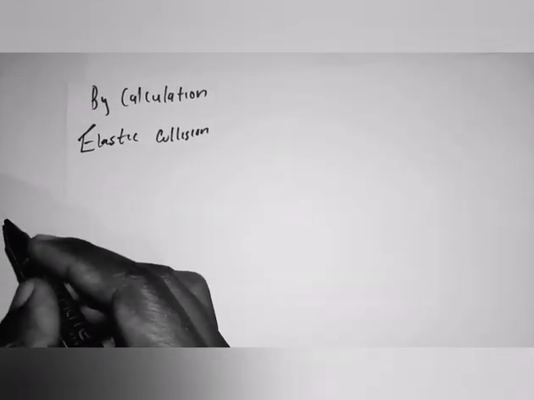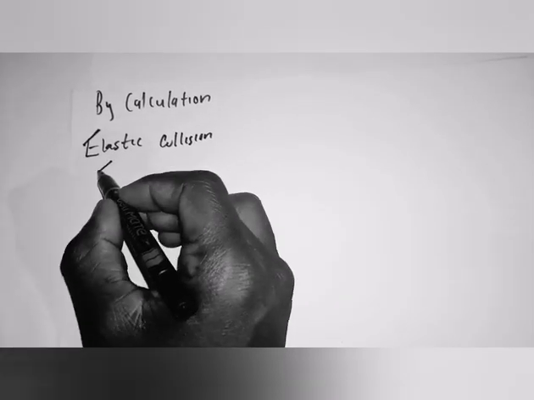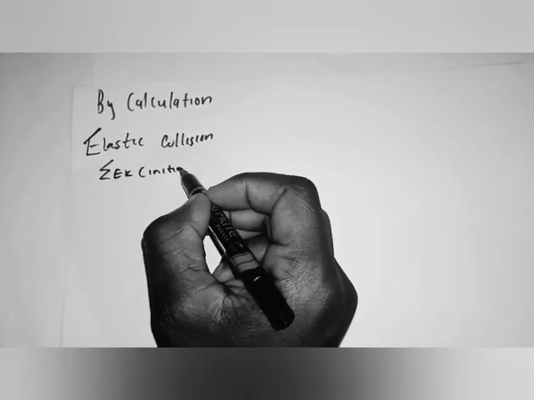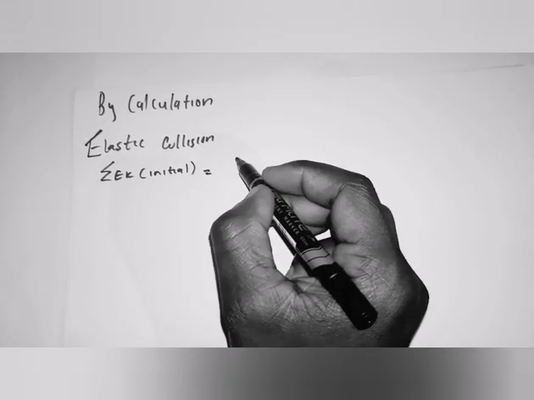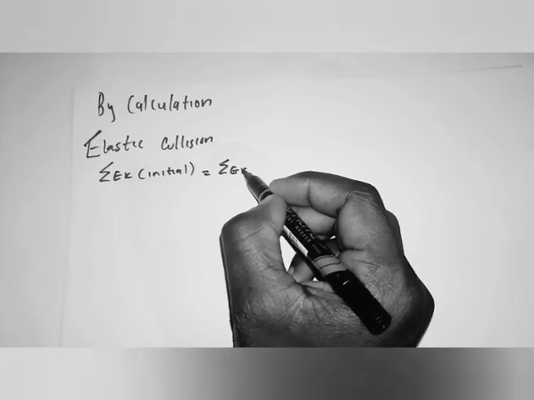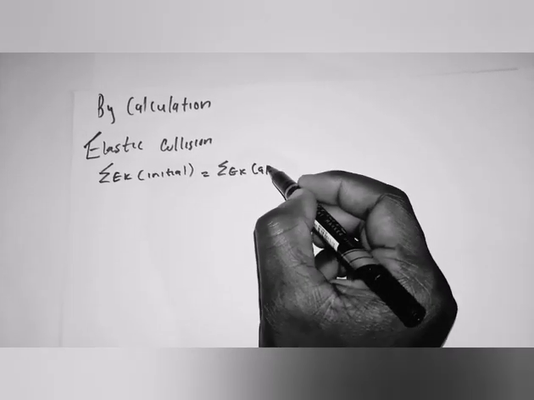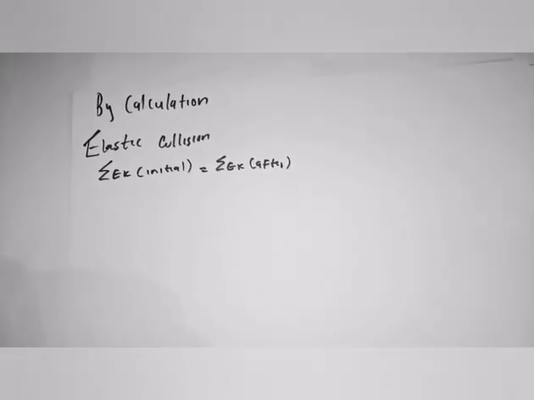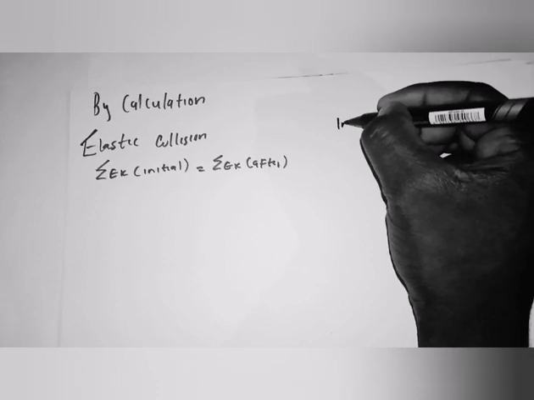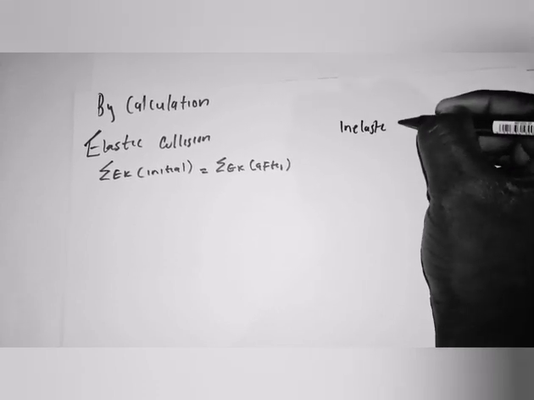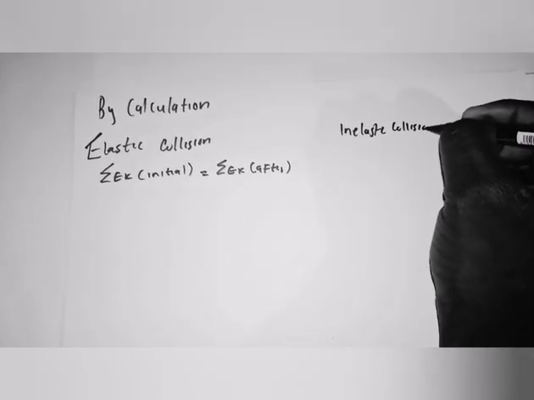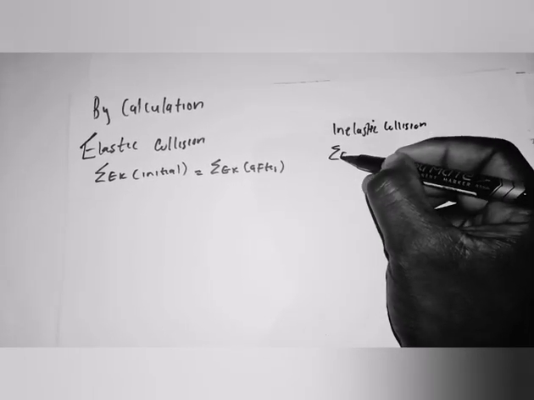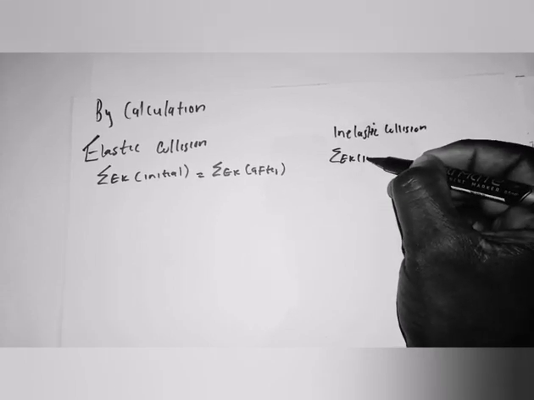The formula for elastic collision, since you know that it is, sigma EK initial equal to sigma EK final, and the formula for inelastic collision is sigma EK initial.